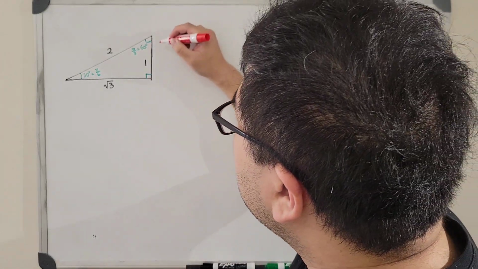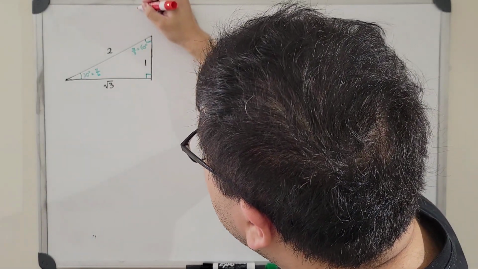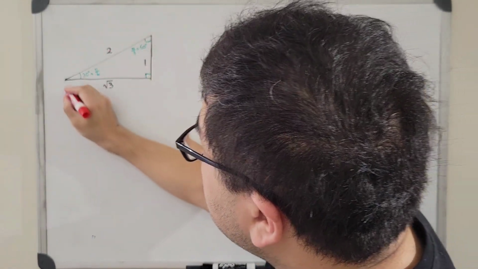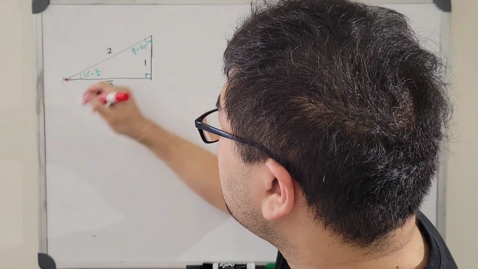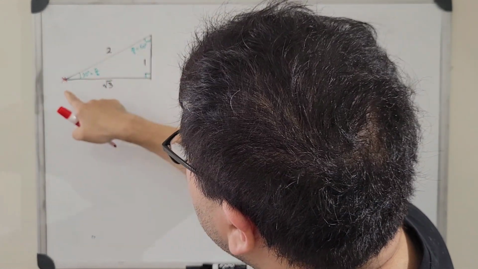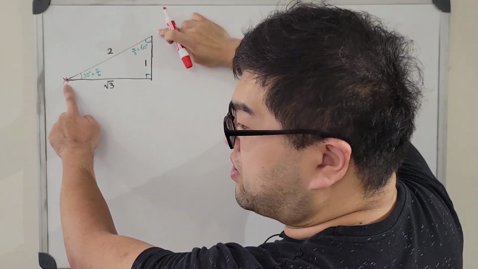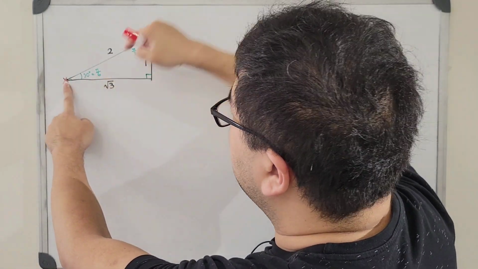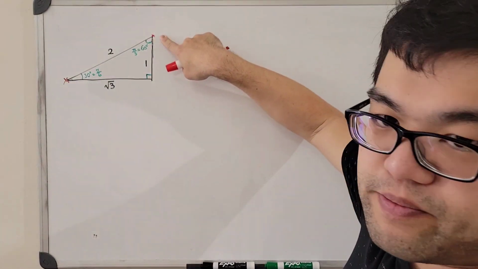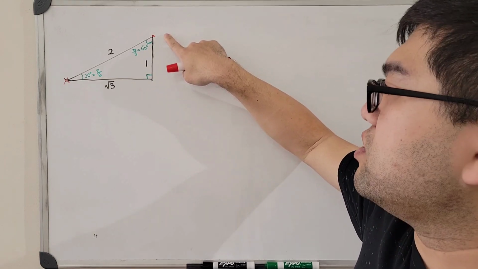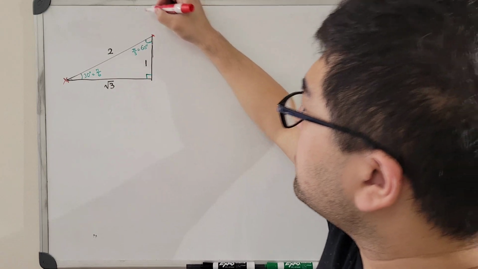The method we're going to do is consider a circle where the center is at this point, and the radius we're taking is the longest length here, from here to this point up here, meaning that the vertex on the top right lies on the circle.